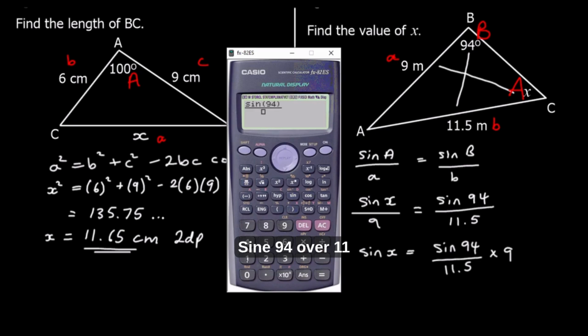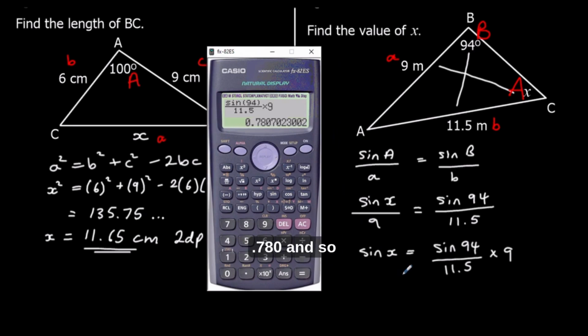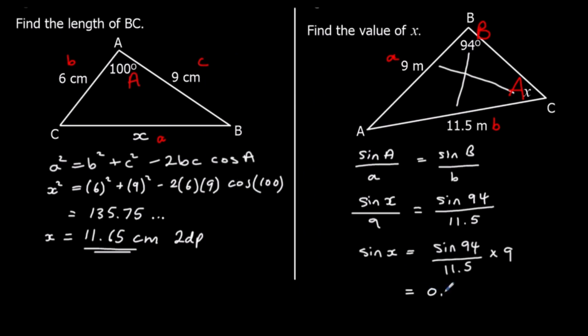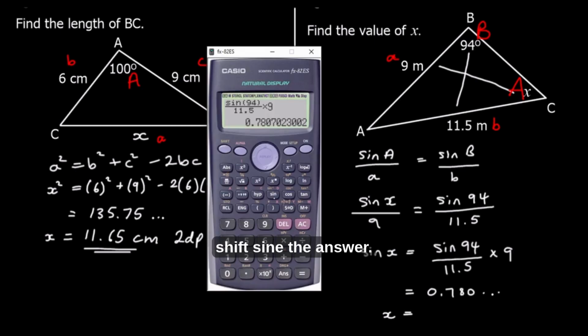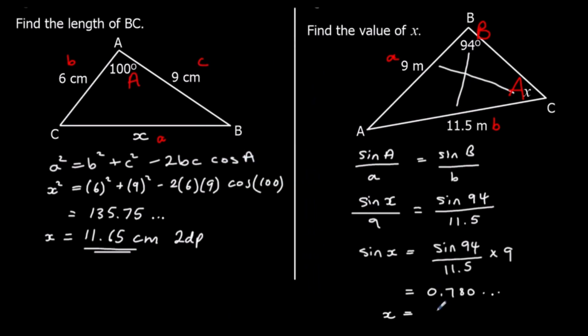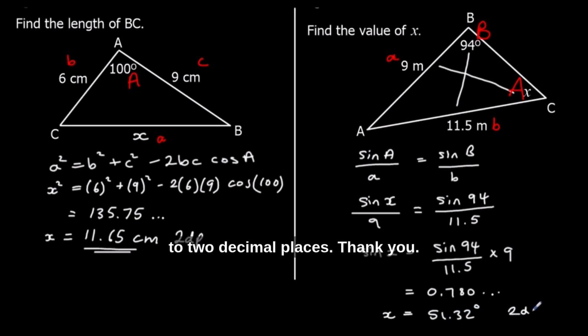Sine 94 over 11.5 times 9. So sine x is 0.780 and so on. And to get x by itself, we're going to shift sine. So shift sine the answer, and we've got 51.32 degrees to 2 decimal places.